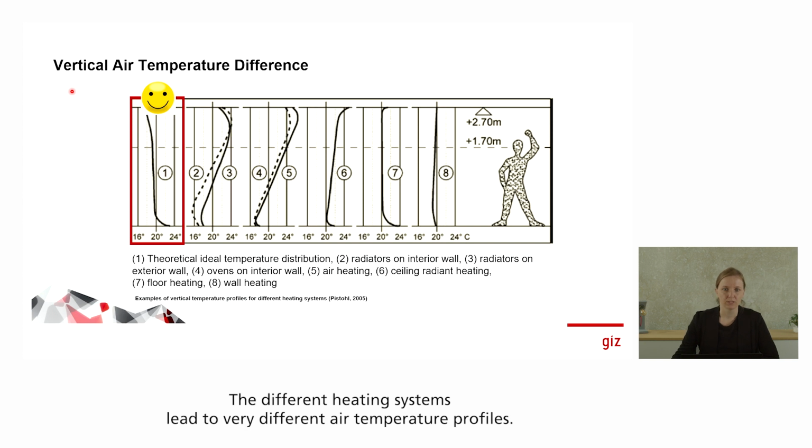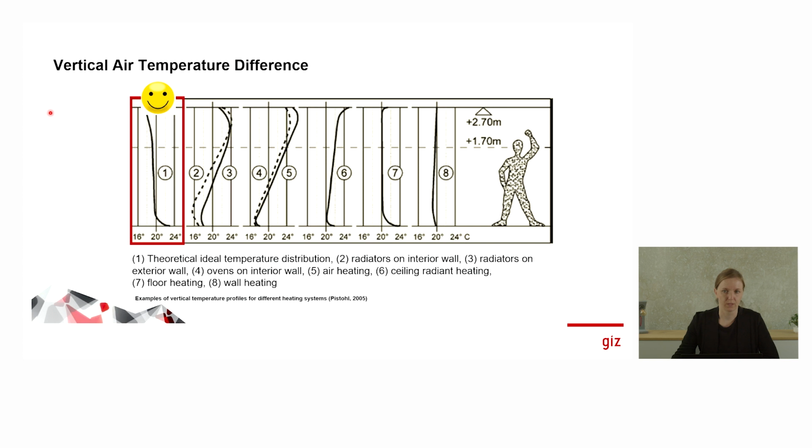The different heating systems lead to very different air temperature profiles. For example, radiators, which are shown in 2 and 3, lead to an exactly opposite temperature profile than the ideal one on the left. That means it is colder on the floor and warmer on the ceiling.